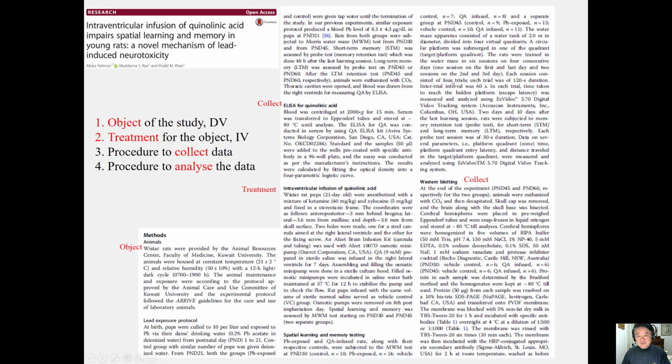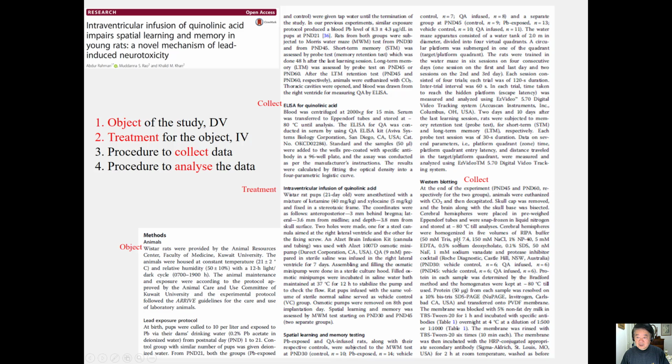Then you start to collect the data, what they collected in terms of data collection. As you can see here, this is actually the procedure. The animals were euthanized with CO2, followed by collection of the brain tissue.